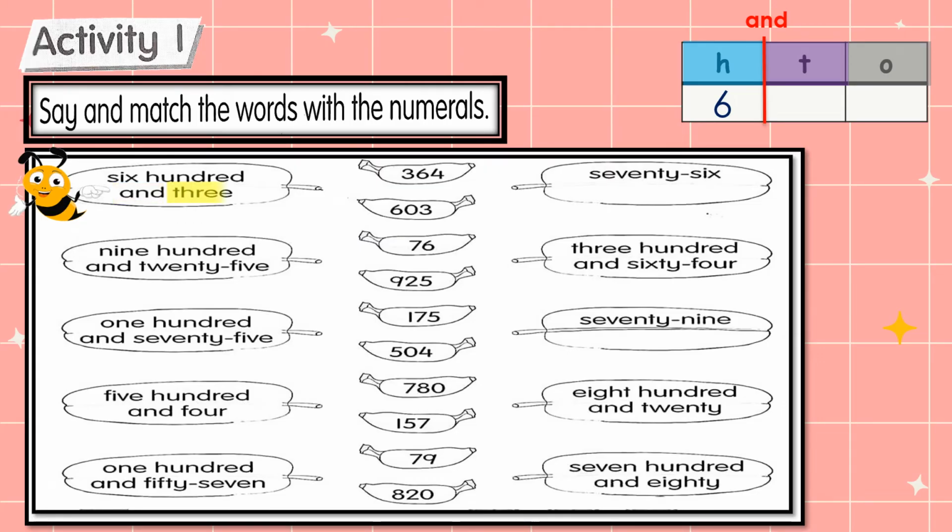Yes, 3. So in tens we write 0 and ones we write 3. So the answer is 603. For the other questions, try to do it yourself.